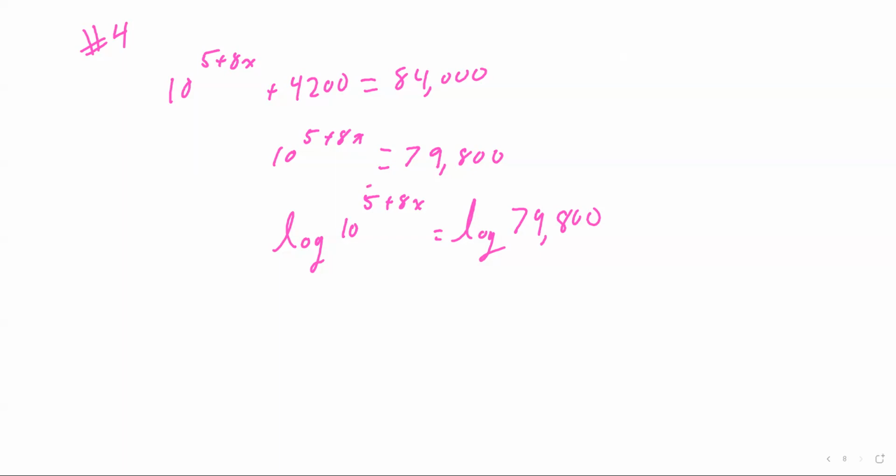What does the exponent turn into? A coefficient. But then what do we know log of 10 is? 1. Because remember, if the base, which is imaginary, and the number the log is taking of are the same, it is going to be 1. So this ends up being 1 times all this. So it's really 5 plus 8x.